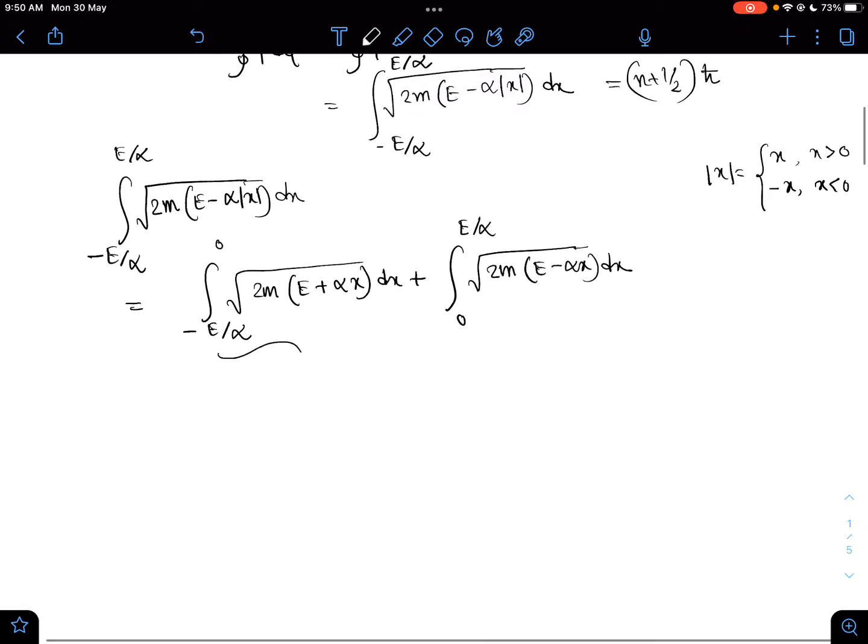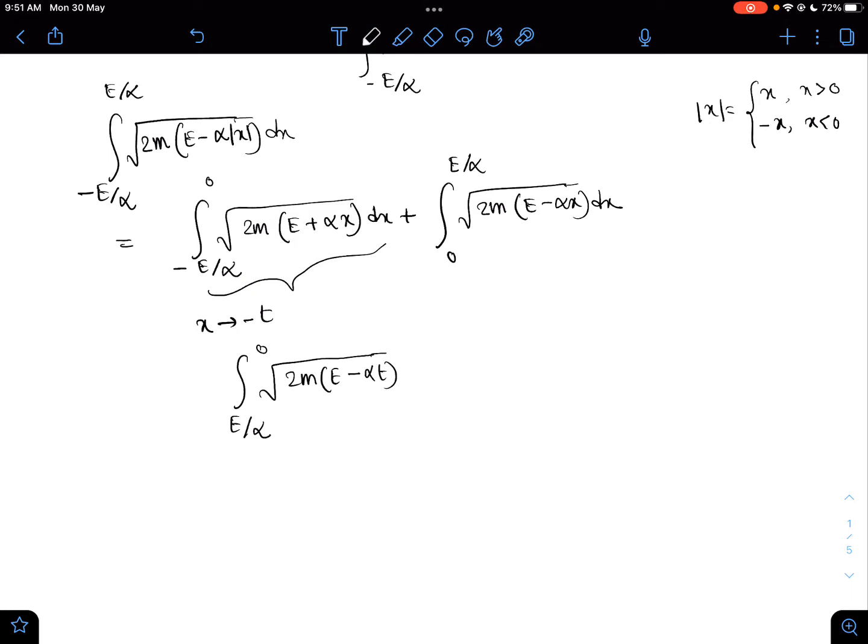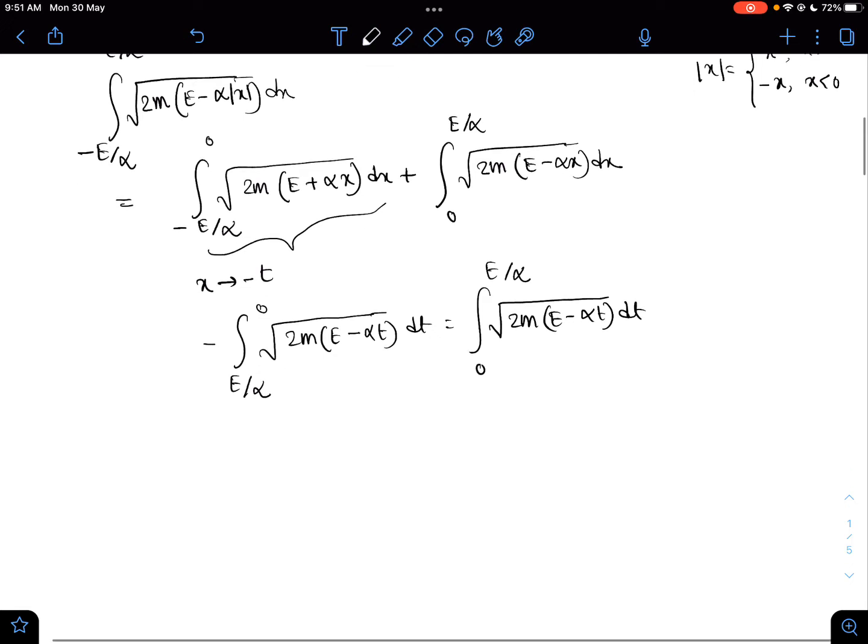So now look at this integration. Suppose we replace x by minus t. So what we will get? The integration limit is from E by alpha to 0. Here we have root under 2m E minus alpha t, and dx will be minus dt. So this can be written as the integral from 0 to E by alpha of root under 2m E minus alpha t dt. Now t is the integration variable, so we can change it to any symbol.